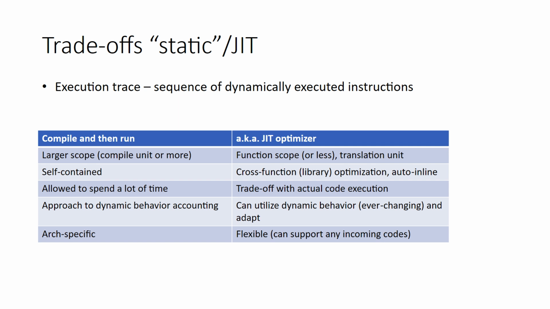And the other way around, we are not paying attention to which exact unit an instruction comes from. So, for example, we can have a dynamically linked library call, and we have some instructions in our application, and then coming after that, some instructions in the dynamically linked library. For a JIT optimizer, it doesn't matter.